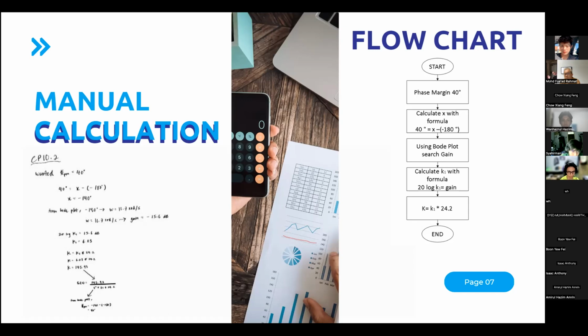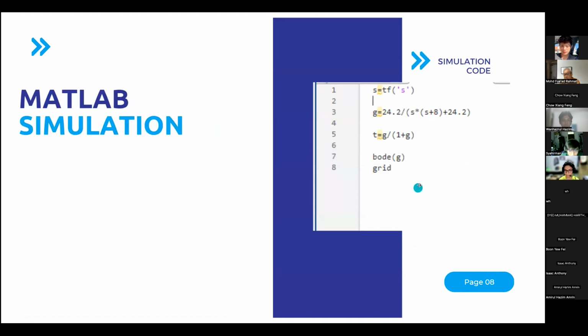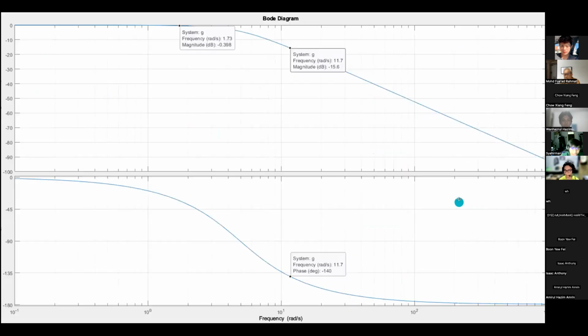Using the Bode plot, we can see that the phase is negative 140 at a frequency of 11.7, and on the magnitude graph, the magnitude is negative 15.6 at the frequency 11.7.